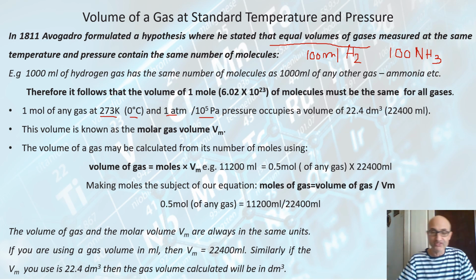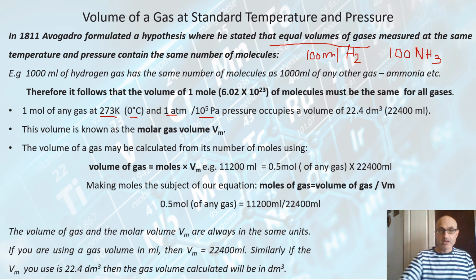In other words, if I keep the temperature and pressure constant, any gas measured under those conditions will have the same number of molecules. So if I had, for example, 1,000 mils of hydrogen at 273 Kelvin and 1 atmosphere of pressure, it will have exactly the same number of molecules as the same volume of ammonia under those conditions.